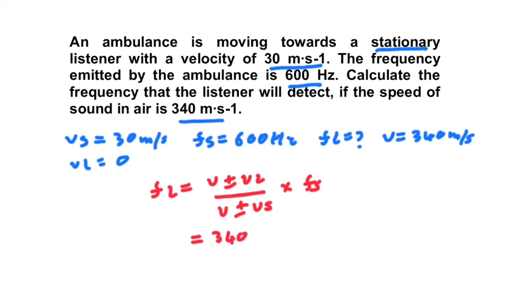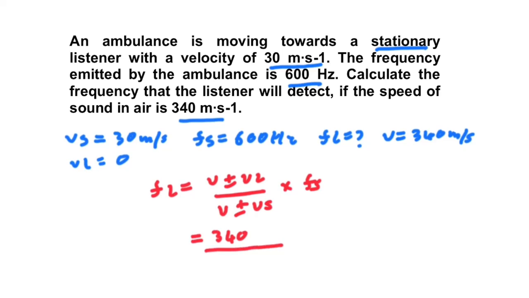Our listener is stationary, so plus or minus 0, we can just forget about that and have 340. Everything divided by V, the speed of sound in air, 340, plus or minus the velocity of the sound source, the ambulance. The ambulance is moving towards the stationary listener with a velocity of 30 meters per second. So we're going to have minus 30.